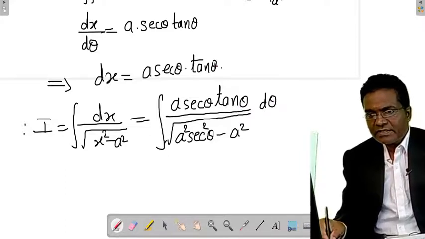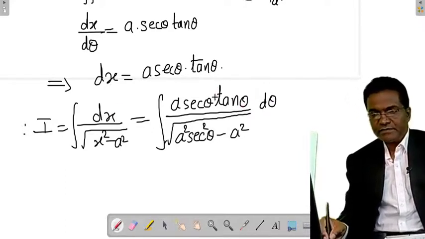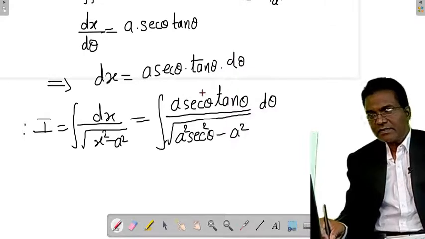Okay, because dx is a sec theta tan theta into d theta.